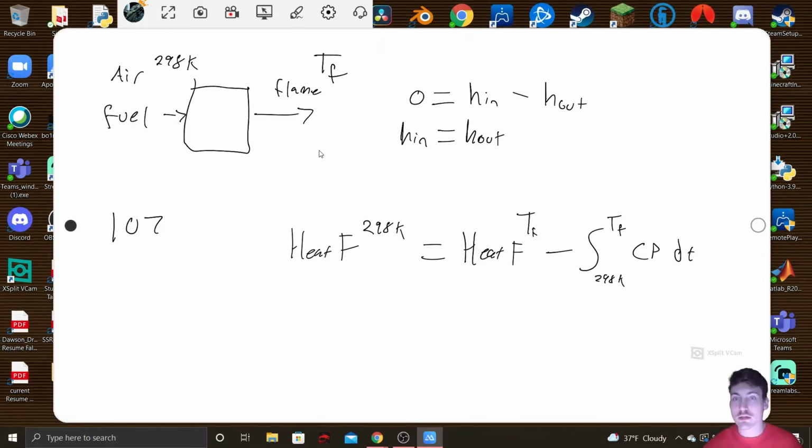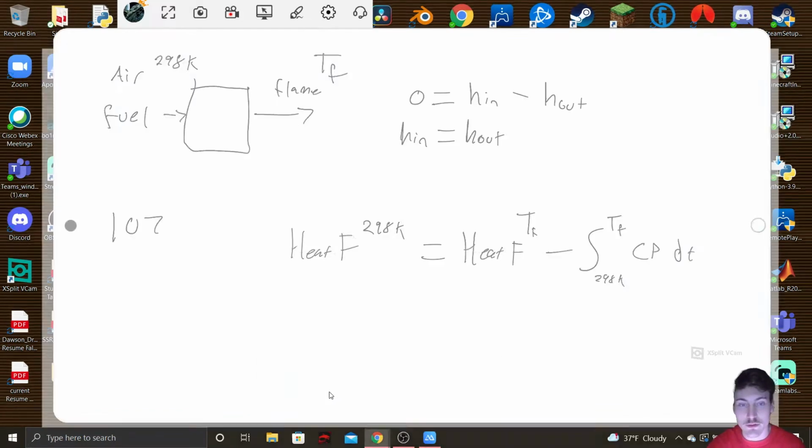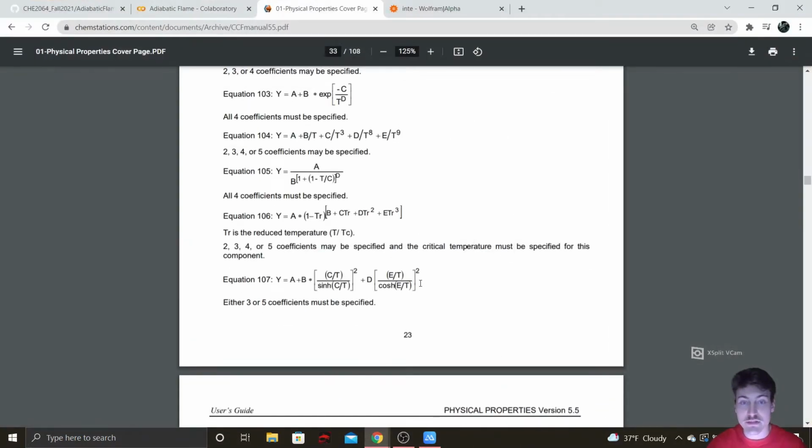If we look here, this is equation 107. It's the equation that we're going to use, and we have to integrate this to make it part of our equation because it's going to be changing with temperature.